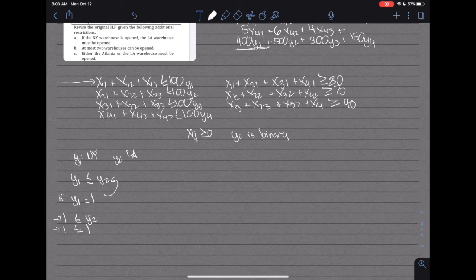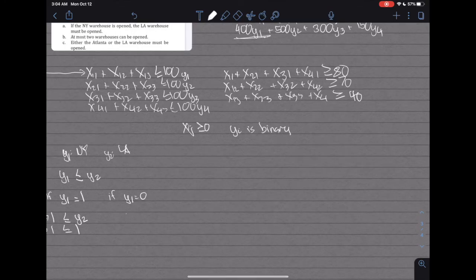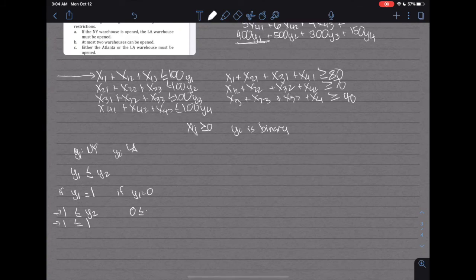But what's also good about this constraint is that if y1 is equal to 0, it doesn't say that if New York is closed, LA should be closed. It will become 0 is less than or equal to y2. Therefore, y2 can still take on the value of either 1 or 0. So for that constraint, if the NY warehouse is opened, the LA warehouse must be opened. That is using this constraint.